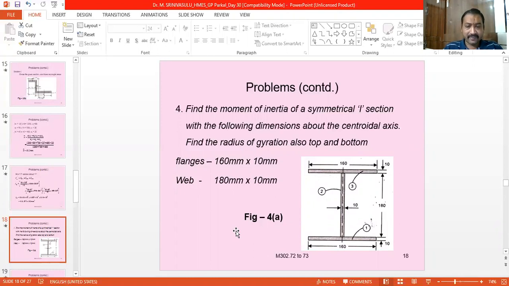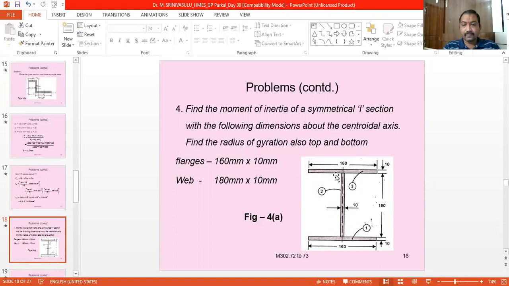So the top flange and bottom flange are both the same, with a width of 160 mm and thickness of 10 mm, and the web has a depth of 180 mm and thickness 10 mm. This is the given figure. You have to draw the figure; sometimes the figure will not be given in the problem, then you have to draw it using the data given.